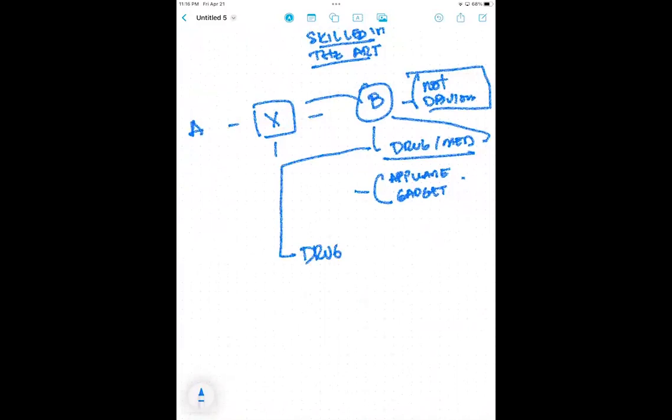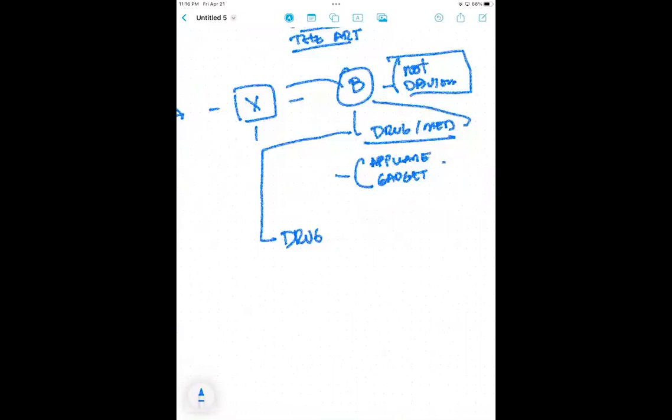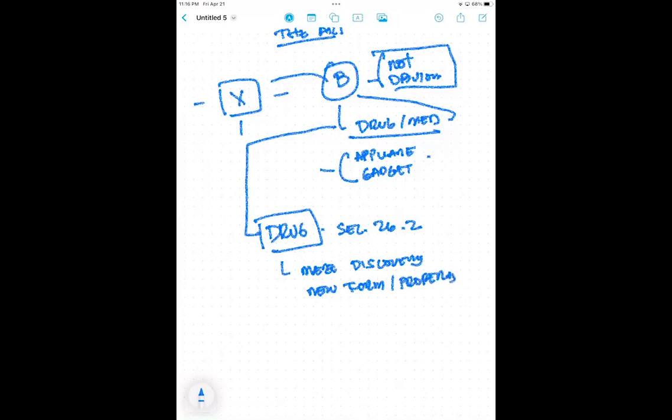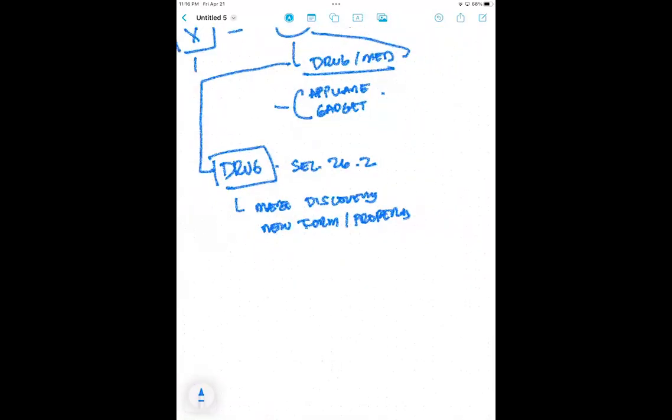Because Section 26.2 of the Intellectual Property Law says that in cases of drug, ito yung pinapapatent, there is no inventive step when the invention results from mere discovery of a new form or property of a known substance.